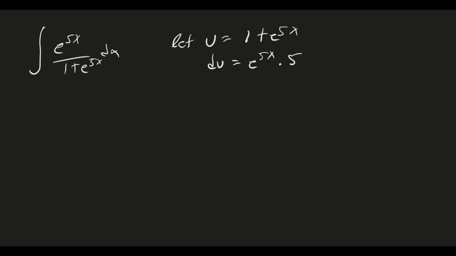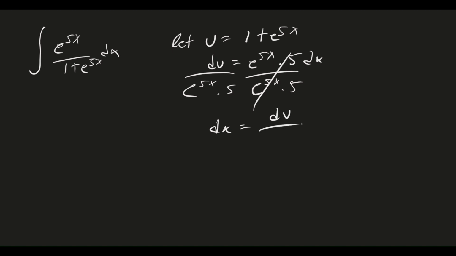So now we can solve for dx by dividing. We can cancel these two. So we'll now be left with dx equal to du over e raised to the power of 5x times 5, right?